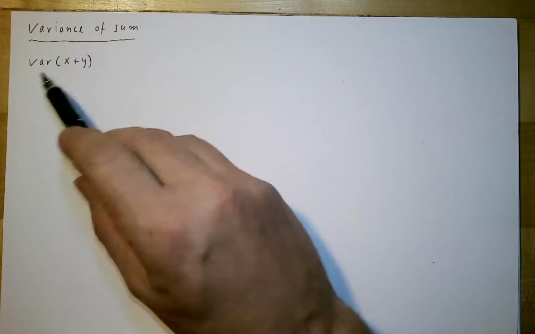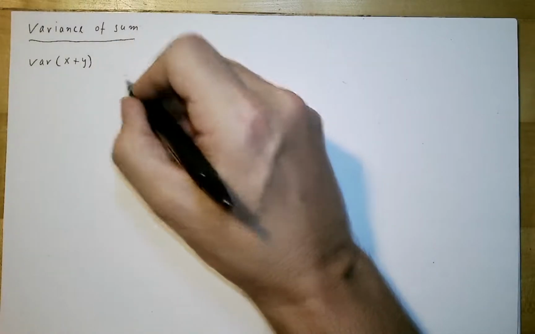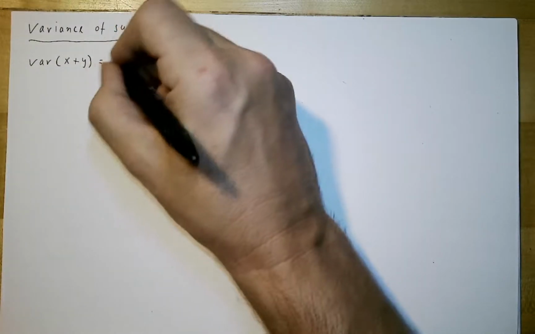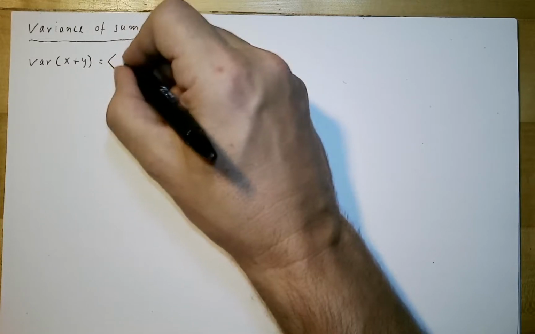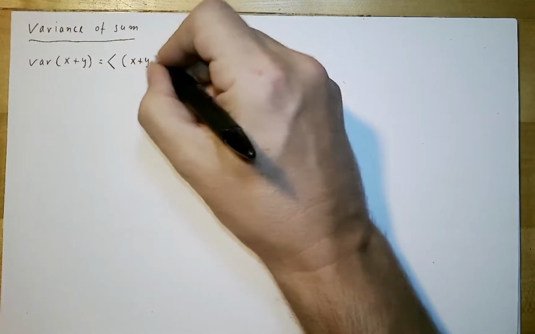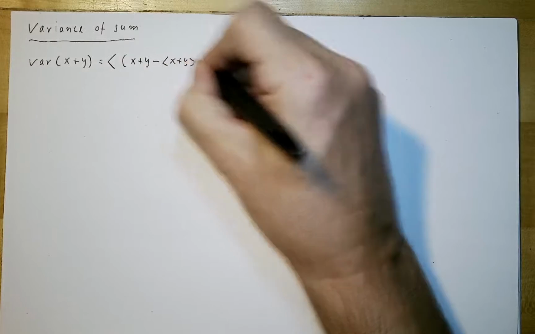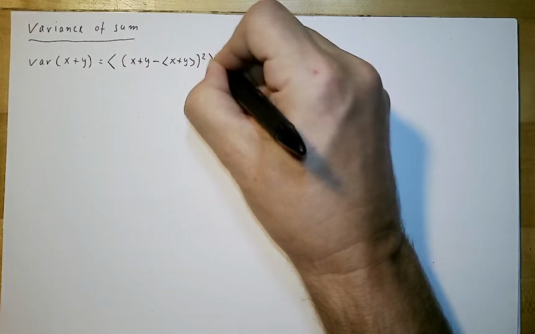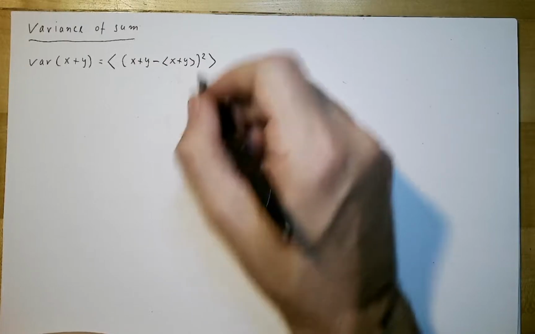So we want to calculate the variance of the sum of x plus y. So what is the variance? So the variance was the expectation value of x plus y minus the expectation of x plus y, and this needs to be squared. This was just the definition of the variance.